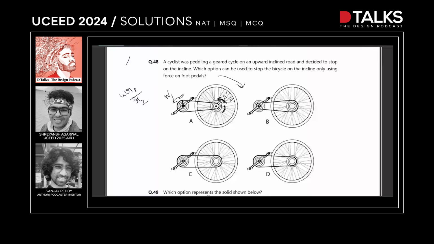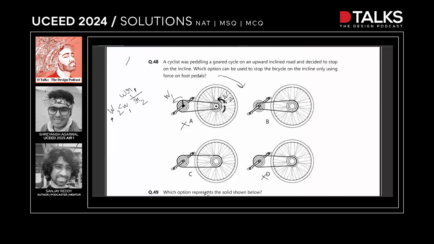Now since r1 is bigger than r2, that means omega 2 would be smaller than omega 1, right? So that is not helping our case. That means हम ज़्यादा force लगा रहे हैं और हमें कम benefit मिल रहा है. So option A and D इसी वजह से गलत हो गया, because they have smaller r2s than r1s.